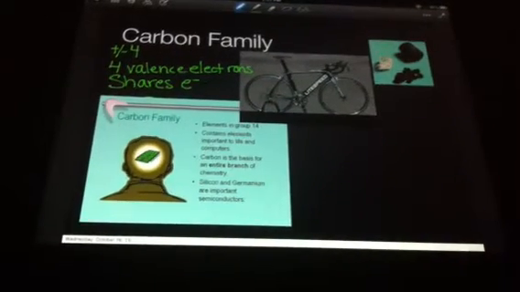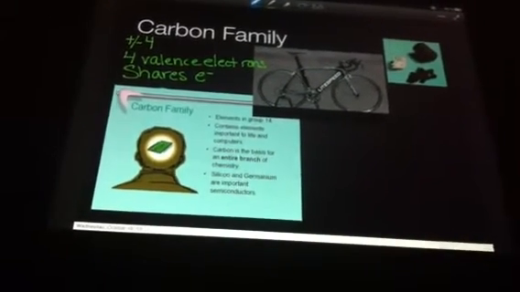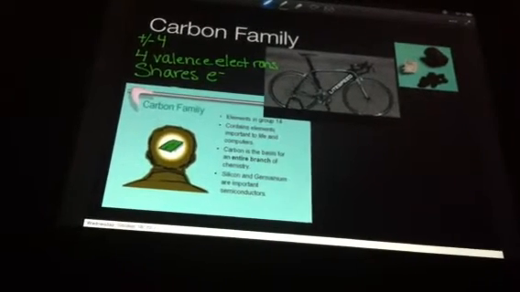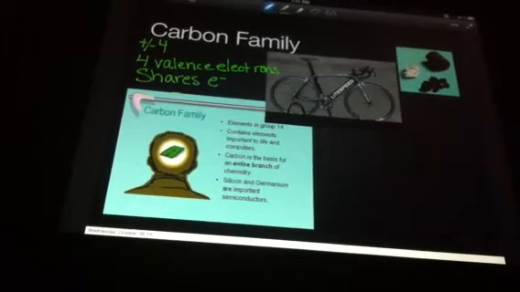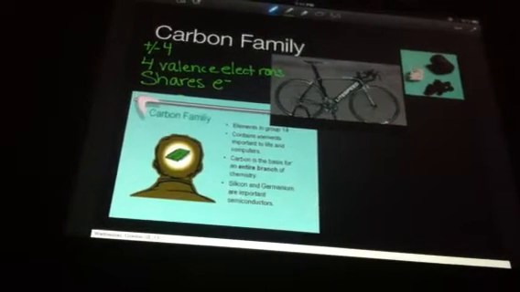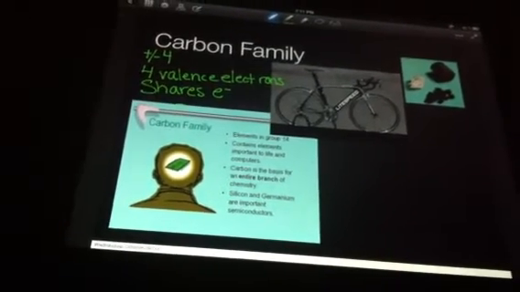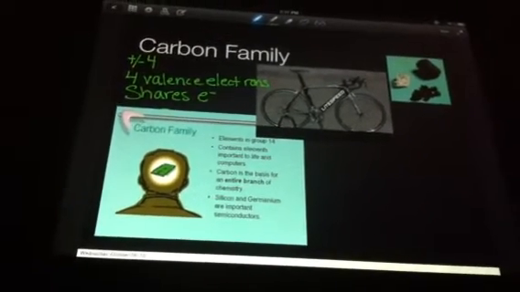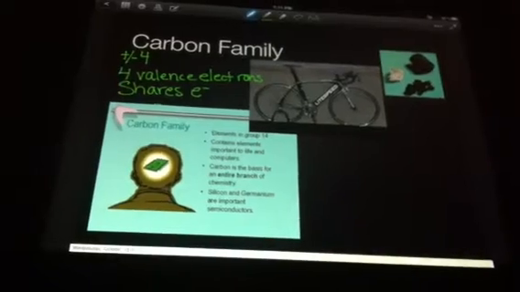The carbon family. We love the carbon family. There's a lot of things that carbon can do. It has 4 valence electrons. Carbon is a backbone of a lot of components in our own bodies. Sugar is made of carbon. We are carbon-based constituents.